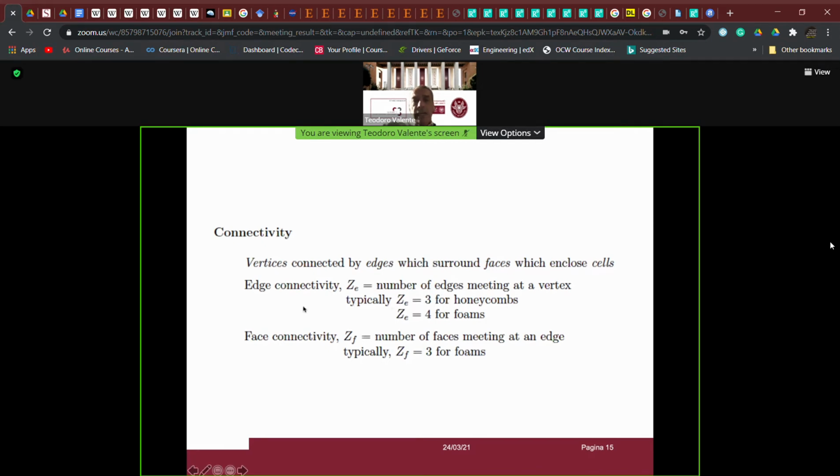And so we can define two concepts, two numbers. The first one is called the edge connectivity. The second one is called the phase connectivity.